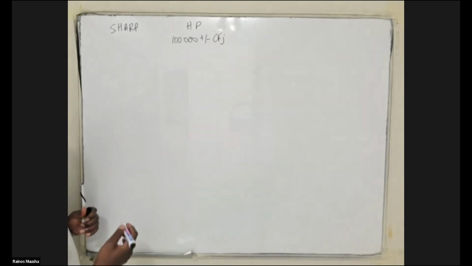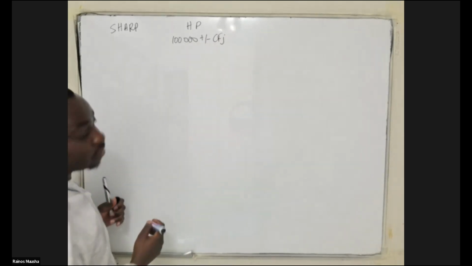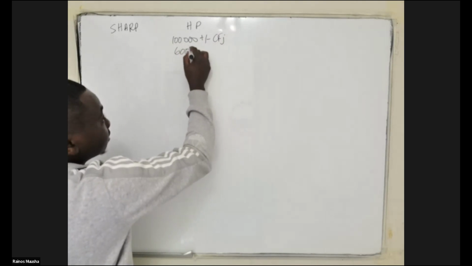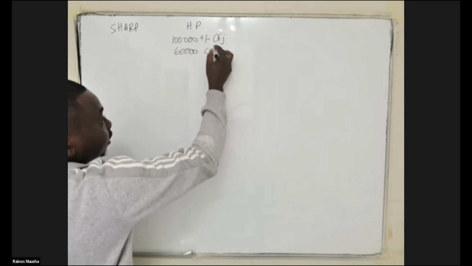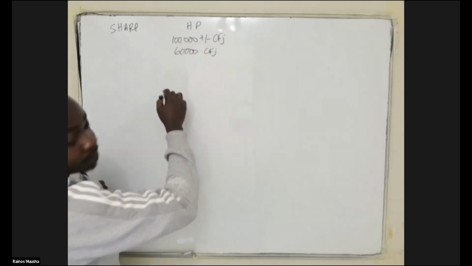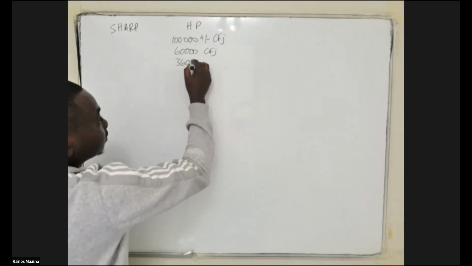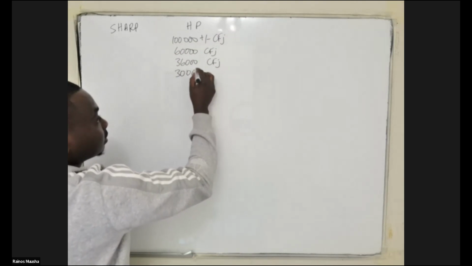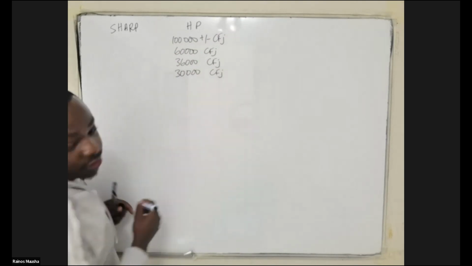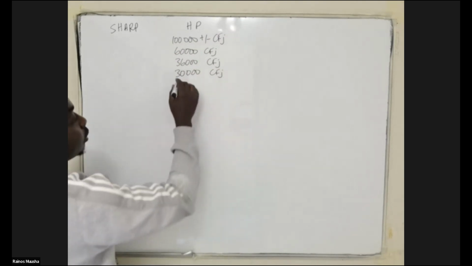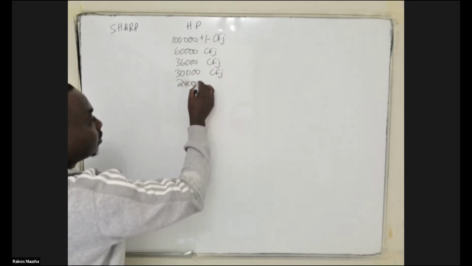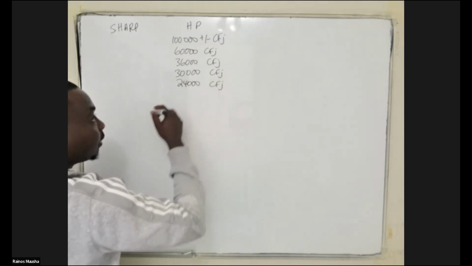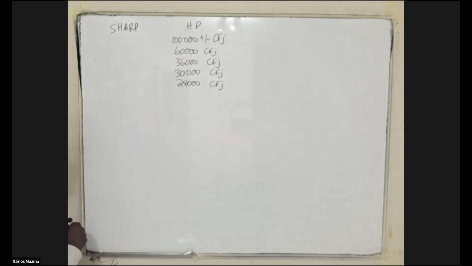Then you indicate the cash inflows, which is 60,000 CFJ, 36,000 CFJ, 30,000 CFJ, and 24,000 CFJ. So you have now entered the cash flows from period 0 all the way to year 4.